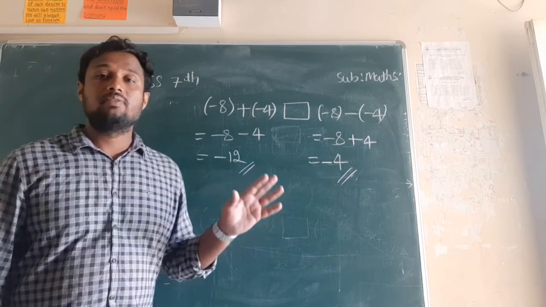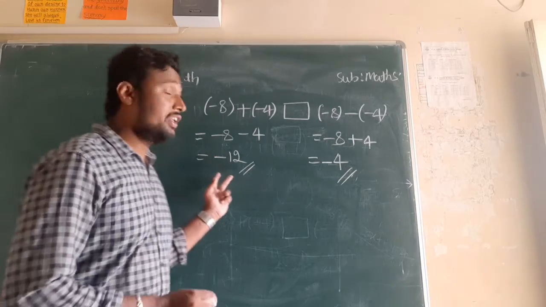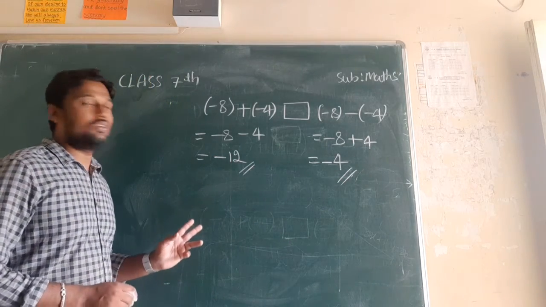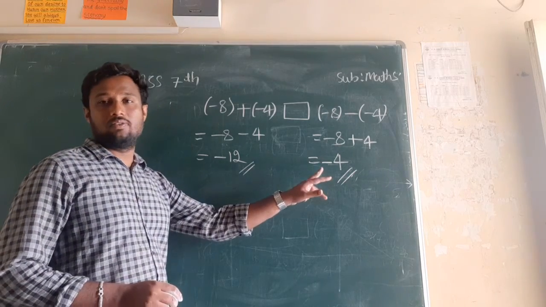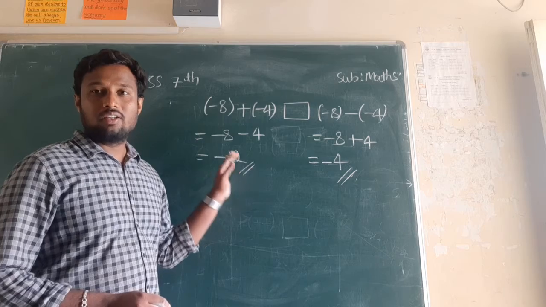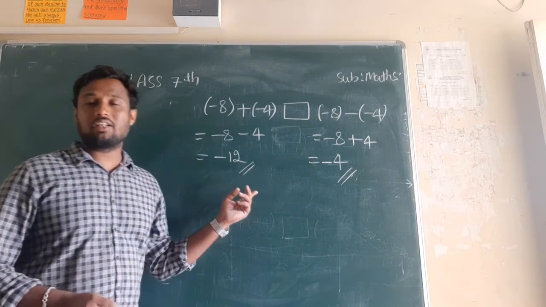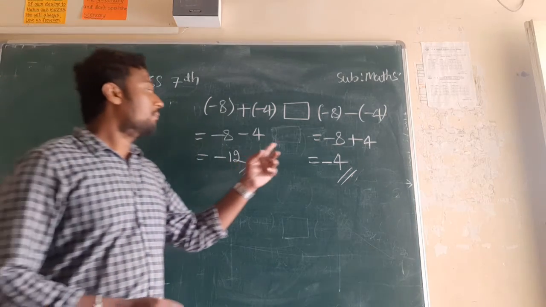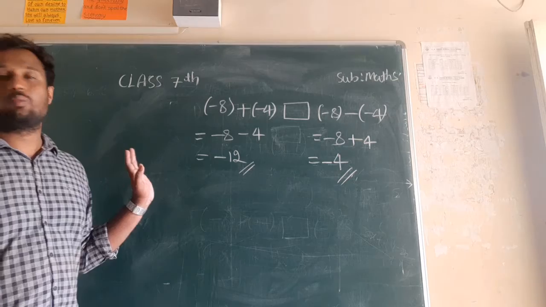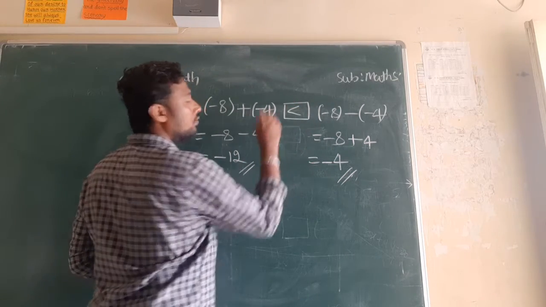I will repeat it: when you are comparing negative integers, 4 is less than 12, we know that. But when those two are negative integers, the number which has lesser value is greater than the other number. So minus 4 is greater than minus 12.